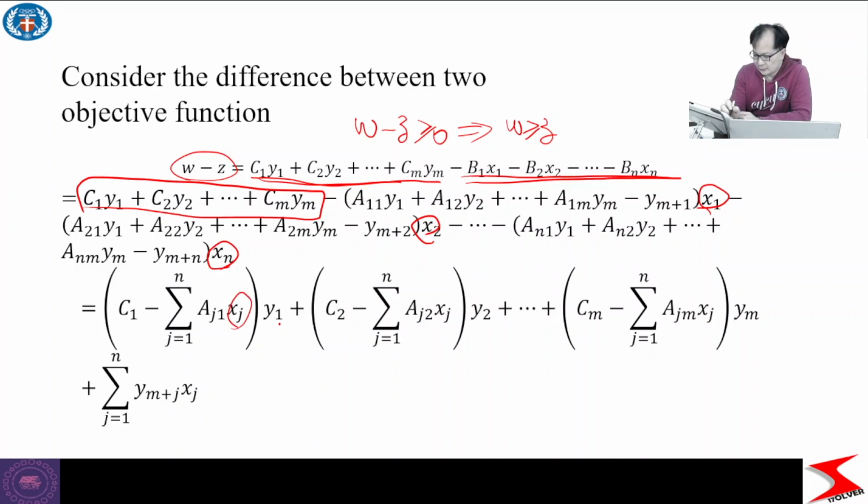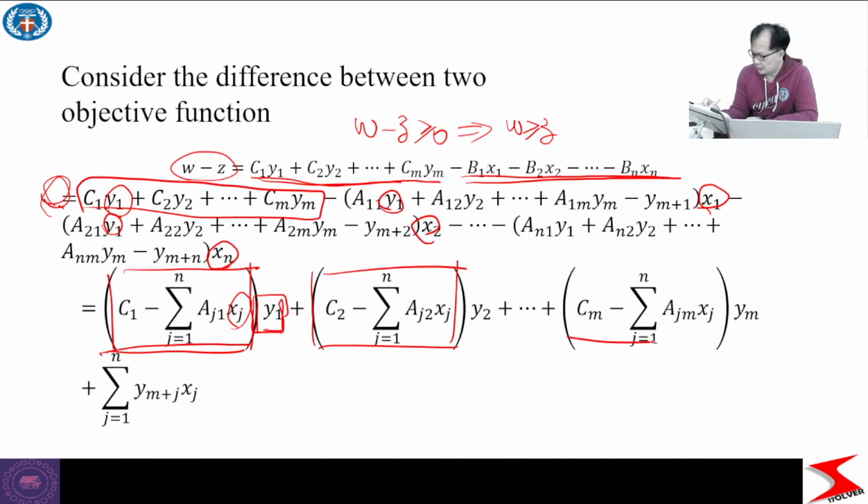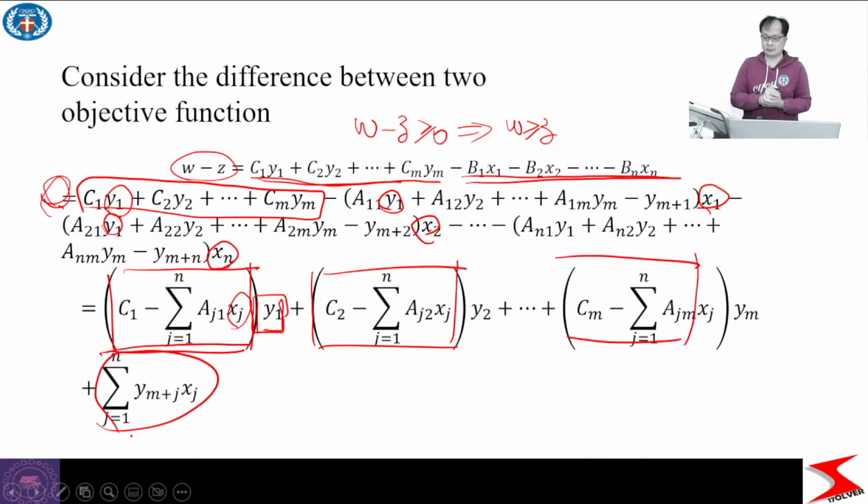Here we have y1, here we have y1, here we have y1, so we can further collect all the y1 terms and make the coefficients for y1, y2, till ym, and the rest of the items are this one.